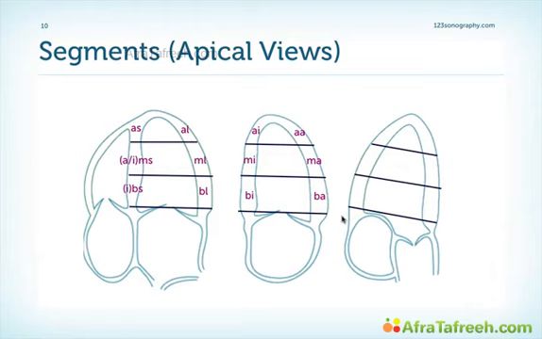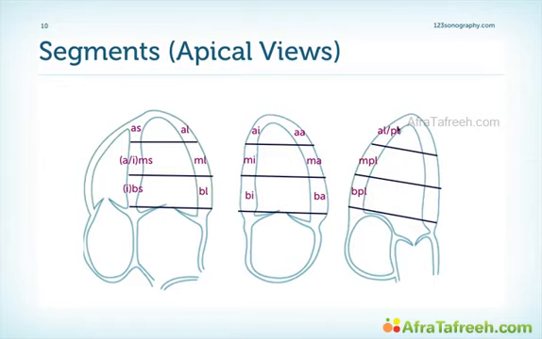Now let's turn to the three-chamber view. Here is the posterolateral wall. This is the anterior septum. Therefore, we can divide following segments: basal posterolateral, mid posterolateral, and here we have the distal posterolateral or distal anterolateral segment.